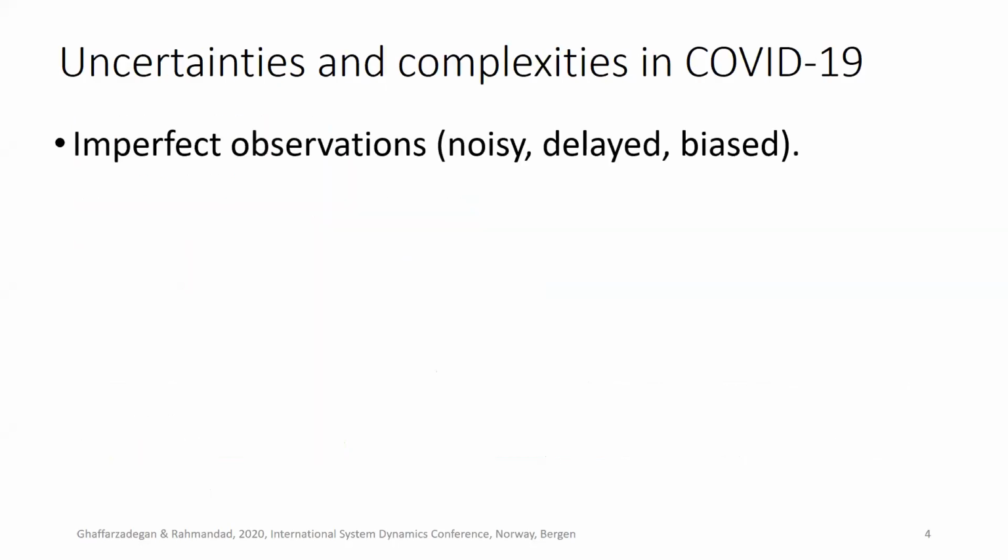Why it is hard to have a good estimate goes back to the tests, and we know that these tests are not 100% accurate. There are many cases that are missed.